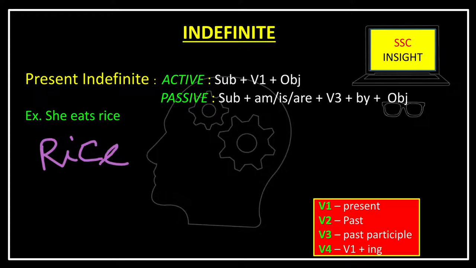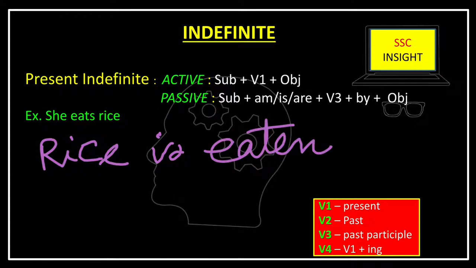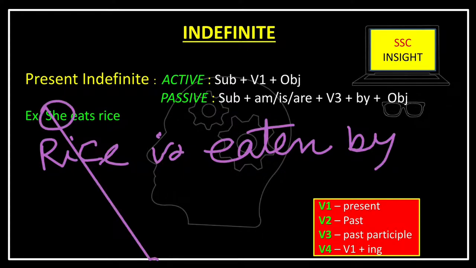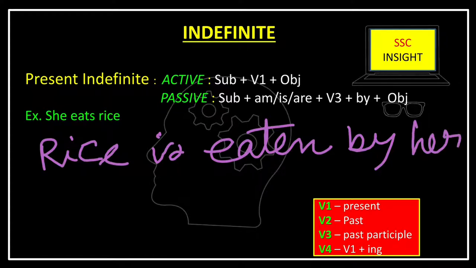Now it will be is, and the third form of verb eat is eaten, and then will be by, and the subject she will be her, the pronoun. So it will be rice is eaten by her.